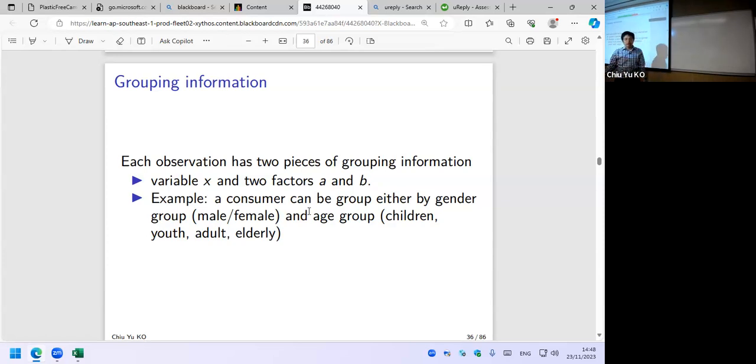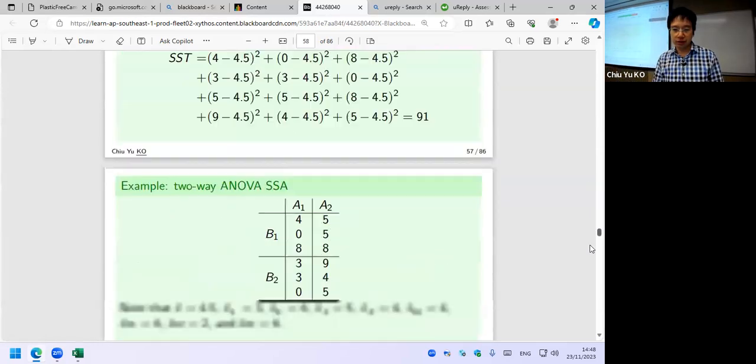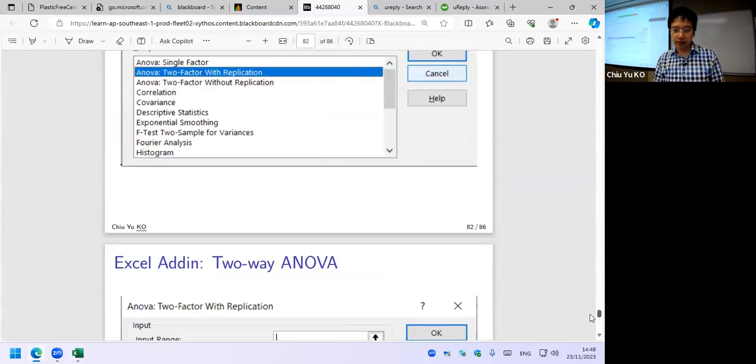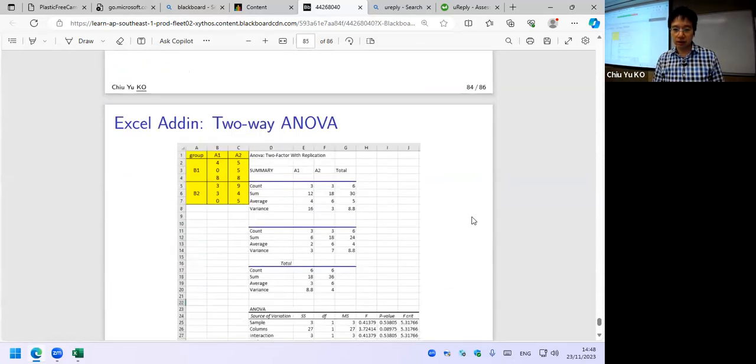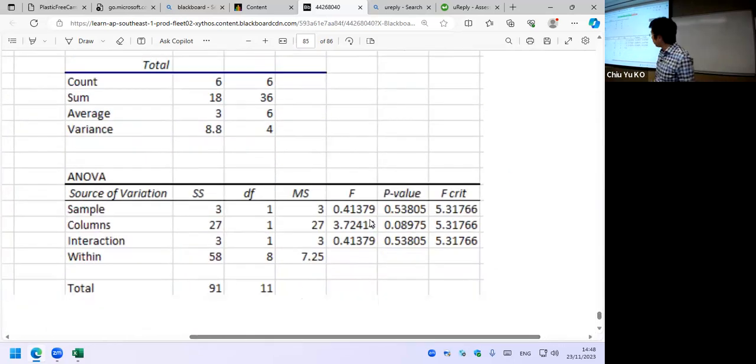When you run the ANOVA, which I will show you soon, the output is very similar to before. You have within, and then A, B, and AB.